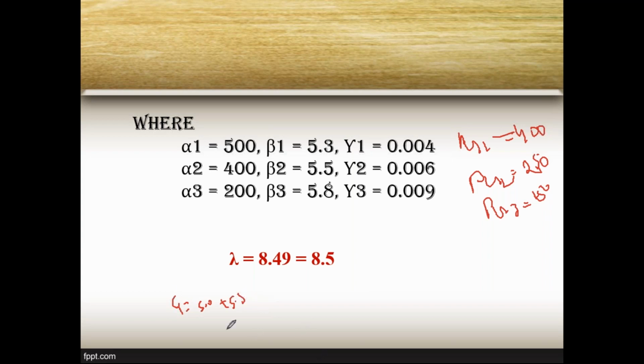So we have three equations, right? Just substitute these three values in the three equations. Then you get C1, C2, and C3 values.